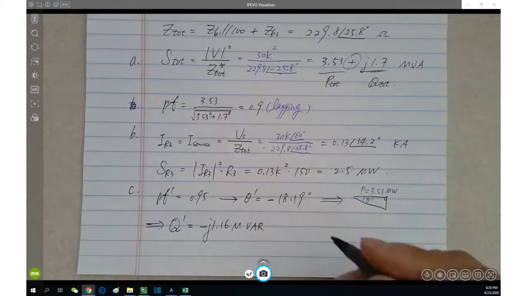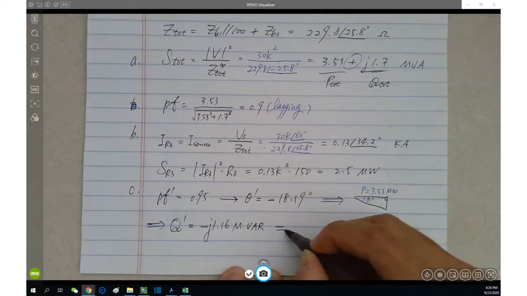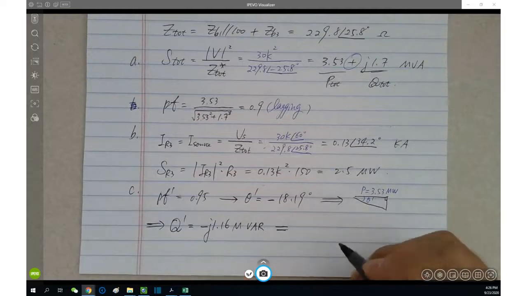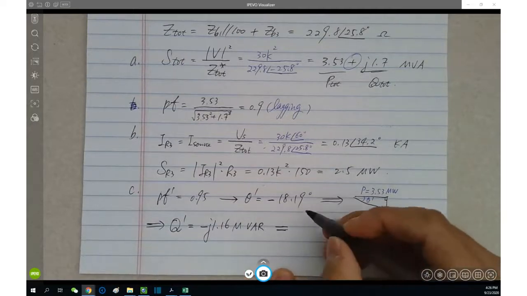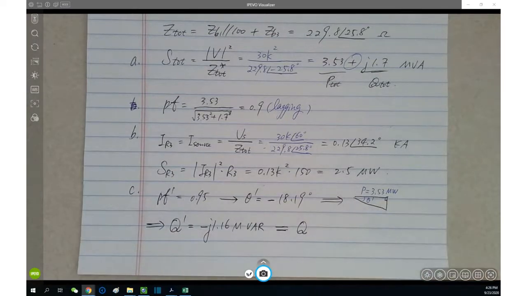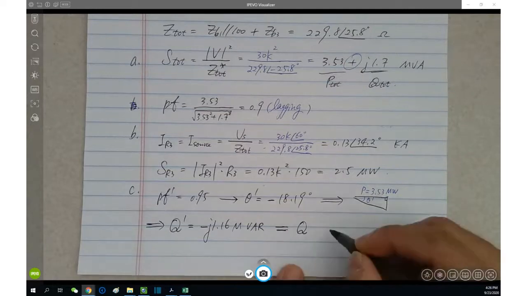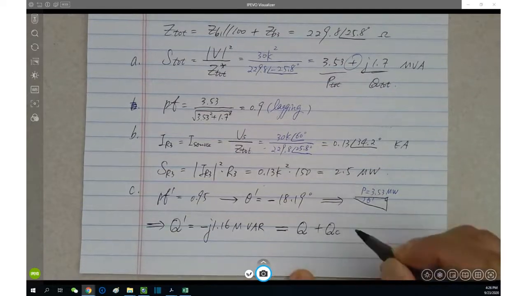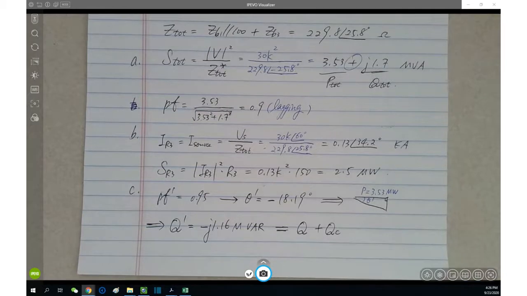In your mind, you're very clear what this is equal to: the original total reactive power plus the added capacitor reactive power. This is the very logical equation. The new reactive power is the result of adding the extra capacitor.